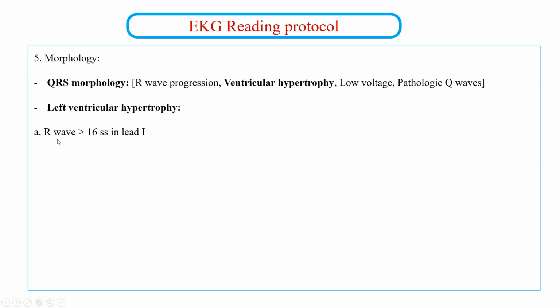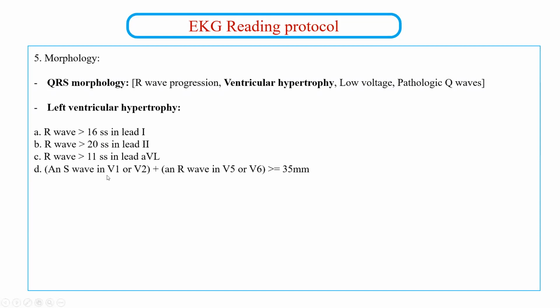Number 1, if the R wave is greater than 16 small squares in lead 1, or the R wave is greater than 20 small squares in lead 2, or the R wave is more than 11 small squares in lead AVL, or if you measure the S wave in V1 or V2, the longer one, and add that to the longest R wave in V5 and V6, and the total is equal to or more than 35 small squares, this is left ventricular hypertrophy.